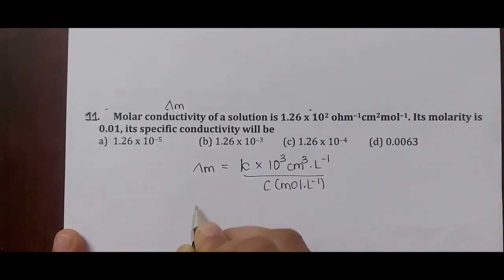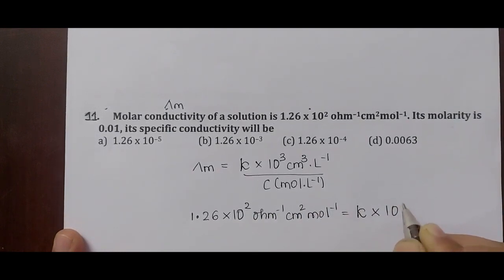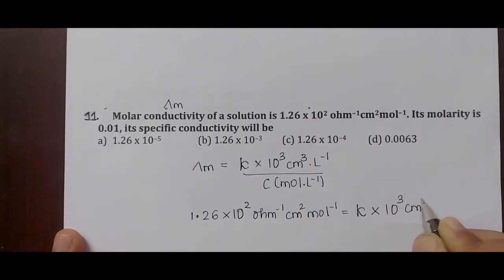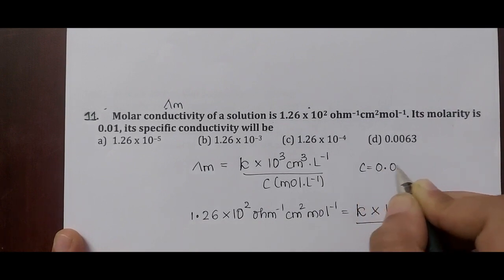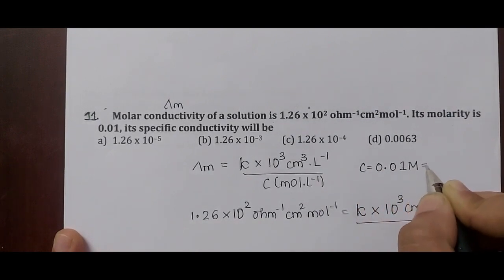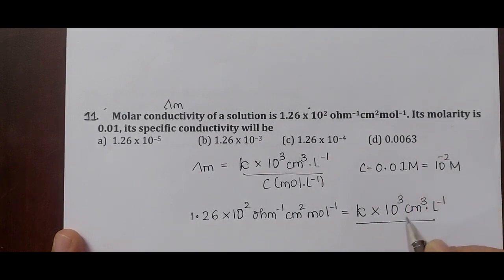So here lambda m value is given, that is 1.26 into 10 to the power 2 per ohm centimeter square per mole, which is equal to conductivity into 10 to the power 3 centimeter cube per liter divided by the concentration, which is given as 0.01 molar, which we can write as 10 to the power minus 2 molar.